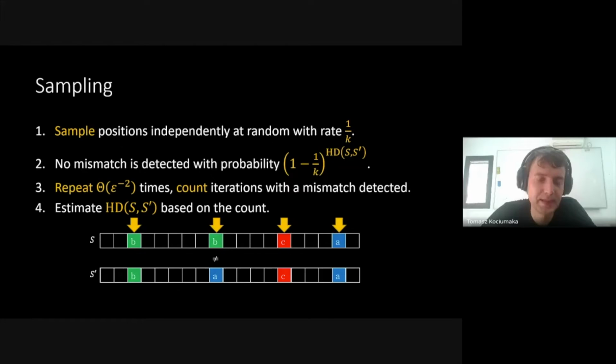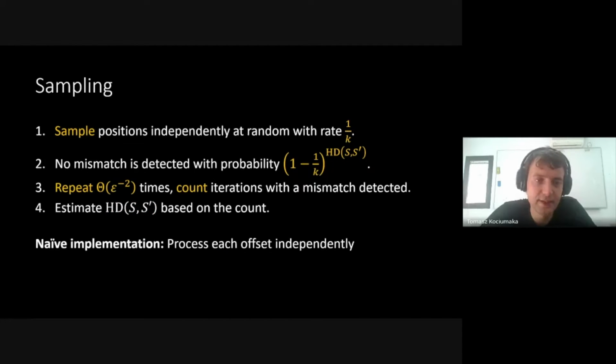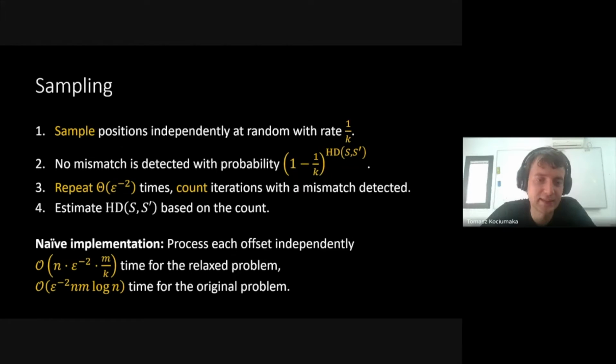So the naive way to apply this sampling approach is to process each of those offsets, each of the fragments independently, but that's quite slow. We have n of those offsets. For each of them, we have epsilon to the minus 2 repetitions, and then the sample size is in expectation m over k. So in total, we have this n epsilon to the minus 2 m over k for the relaxed problem.